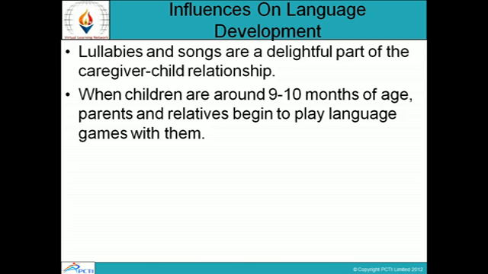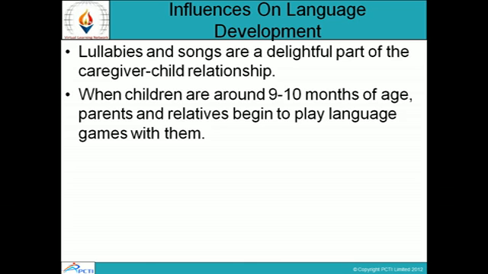When children are around 9 to 10 months of age, parents, relatives and other family members begin to play different language games with them, so that a child would acquire language in a proper manner and learn small words and small sentences.